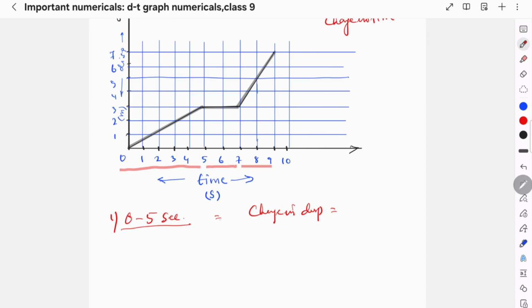Change in displacement for 0 to 5 seconds is from 0 to 3, so the change in displacement is 3. And what is the change in time? Change in time is from 0 seconds to 5 seconds.